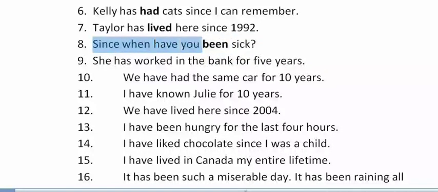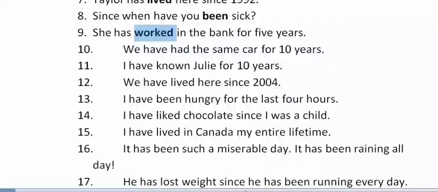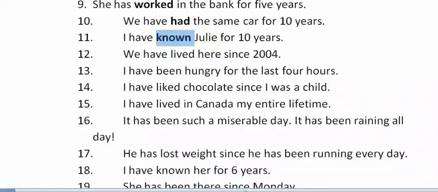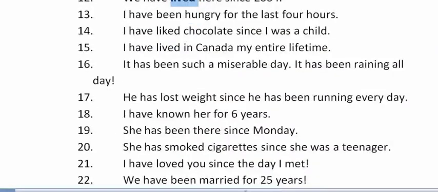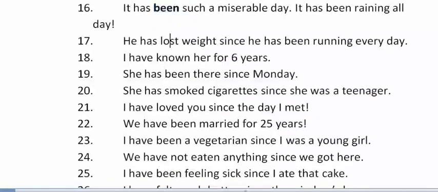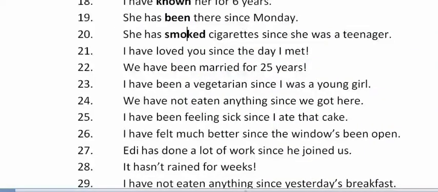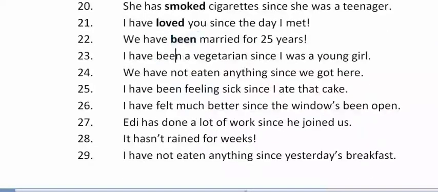Now sentence structure can change. Something like, since when have you been sick? You can also say, since when you have been sick. Worked, had, known, lived, been, liked, lived, been, lost, known, been, smoked, loved, been, eaten.